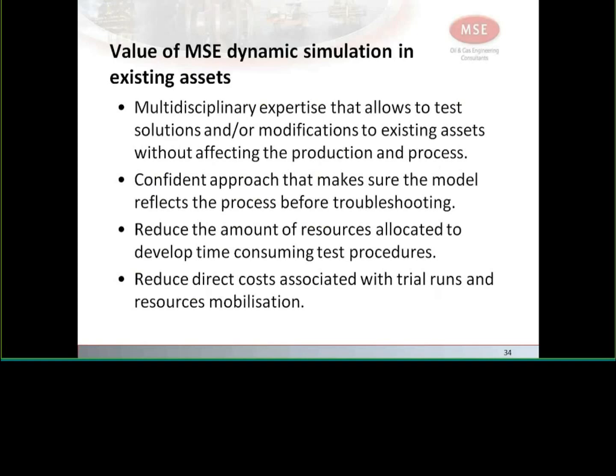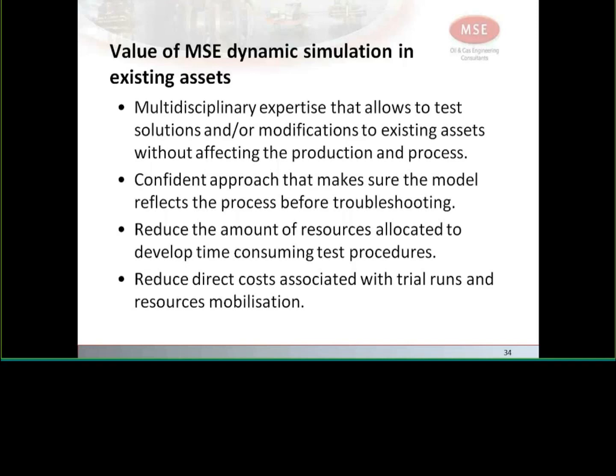So the risk is highly reduced. We were able to develop a confident approach to build a model that reflects the process before troubleshooting, therefore increasing the relevance of any potential solution.